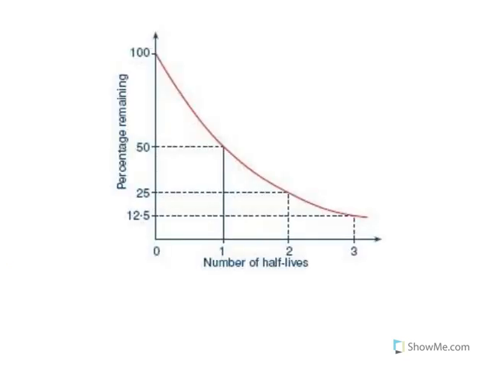If we were to graph it, we end up with a graph that looks like this. At the start, we've got 100% of our sample. After one half-life, half of that sample has decayed, so we now have 50%. Then in the second half-life, 50% of that has decayed, so now we have 25% of our original sample.